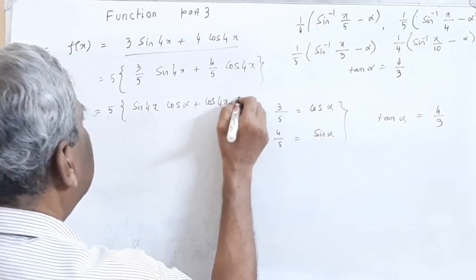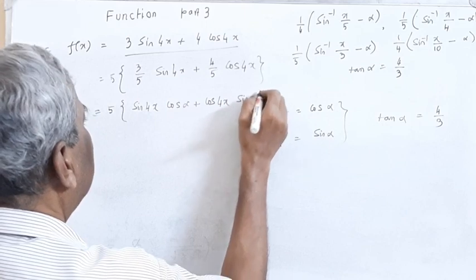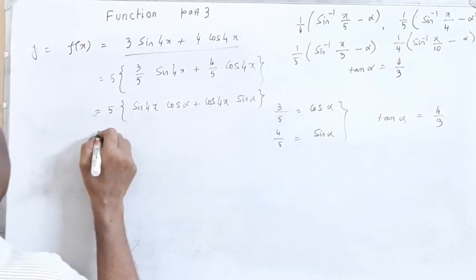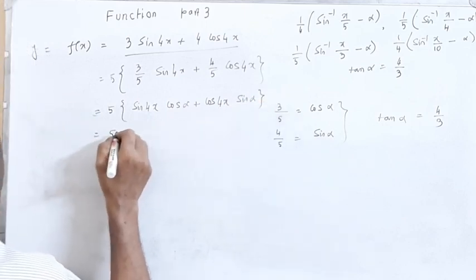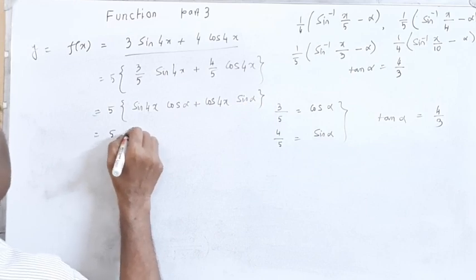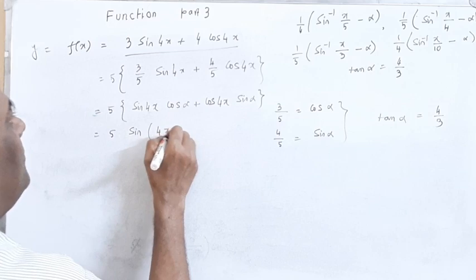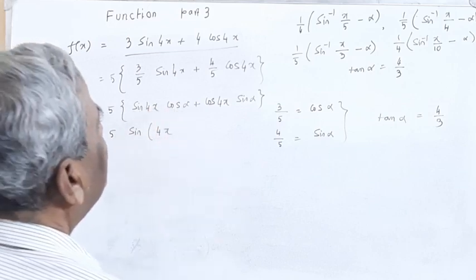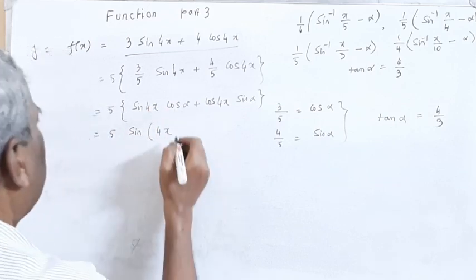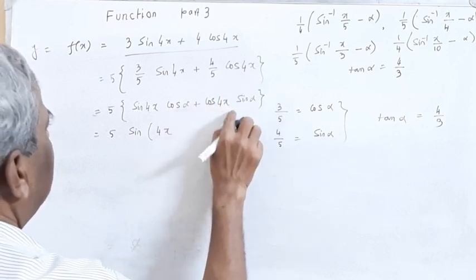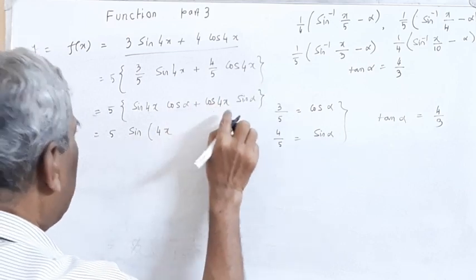So it is equal to 5 into sin of 4x plus alpha.